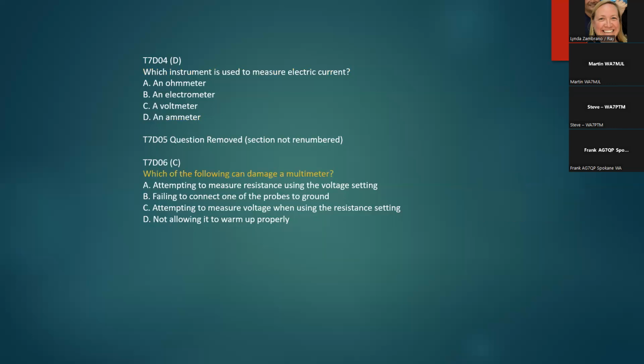Question D6. Which of the following can damage a multimeter?